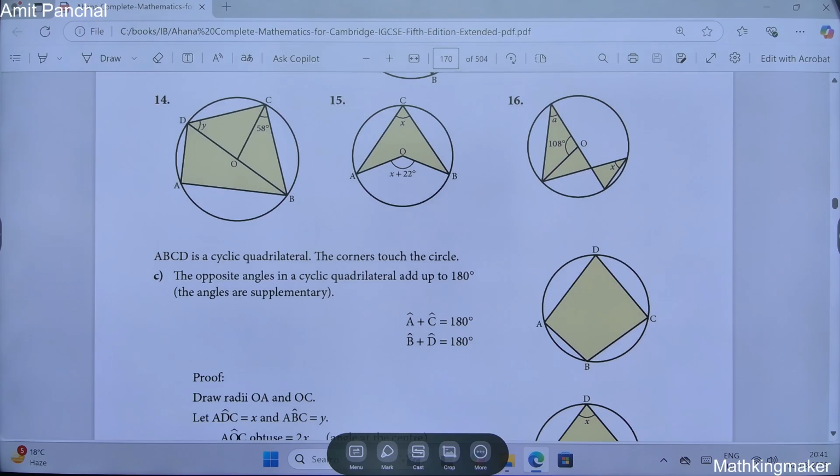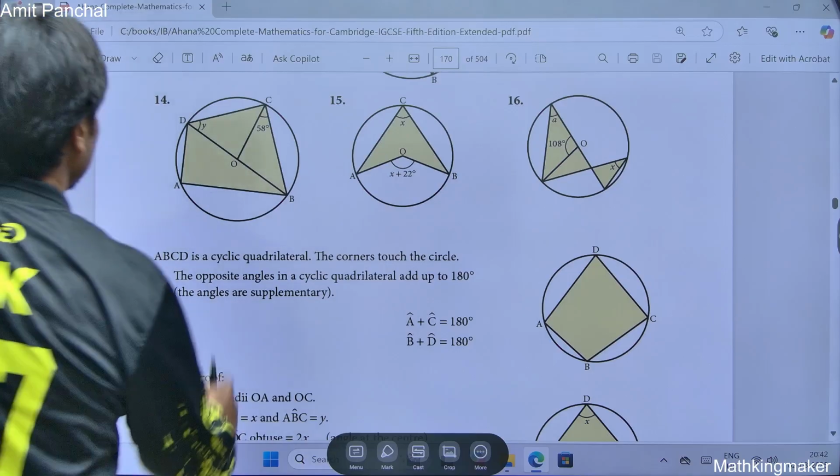The result will be 8, sir. Why? How is it 58? See, this is your center.